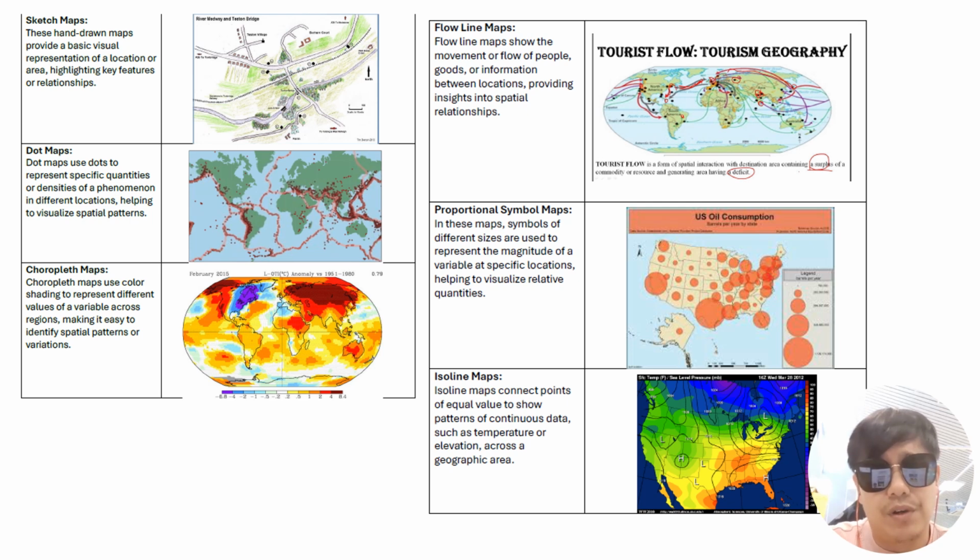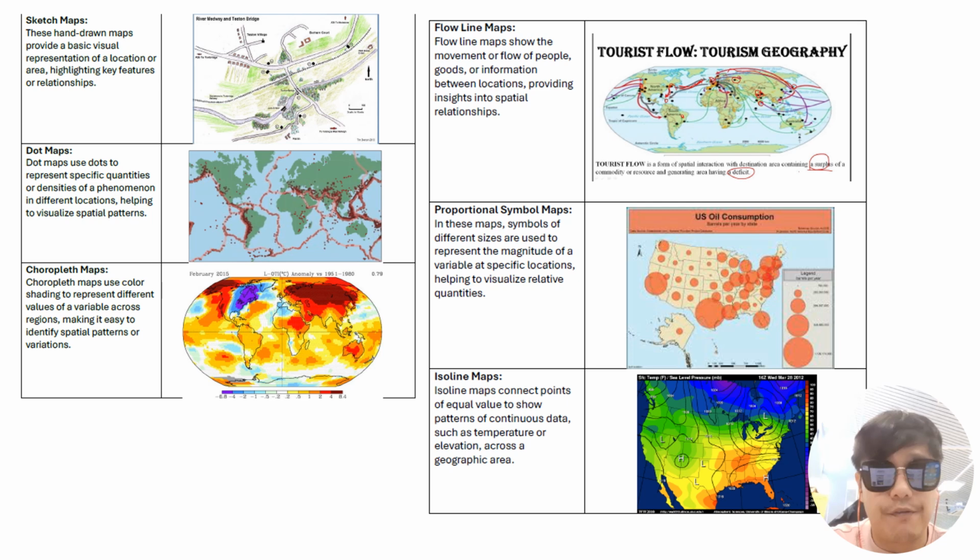Maybe it's not very clear here, but you can go and search for dot maps, and you can see that they are pretty straightforward. Look for clusters. For example, in this sample the clusters are at the plate boundaries. Be it earthquakes or volcanoes, they happen at plate boundaries. That's one of the patterns I can see here. Don't be surprised that dot maps can be used for other purposes as well. Basically, it is to visualize spatial patterns.